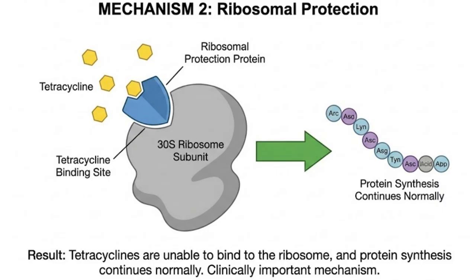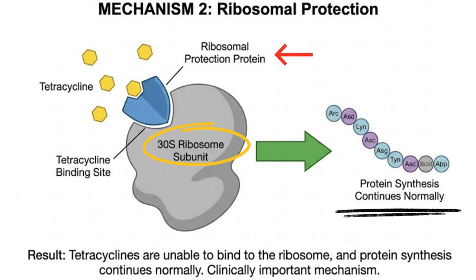Second mechanism, ribosomal protection. In this mechanism, bacteria produce ribosomal protection proteins. These proteins protect the 30S ribosomal subunit, which is the binding site for tetracyclines. As a result, tetracyclines are unable to bind to the ribosome and protein synthesis continues normally.